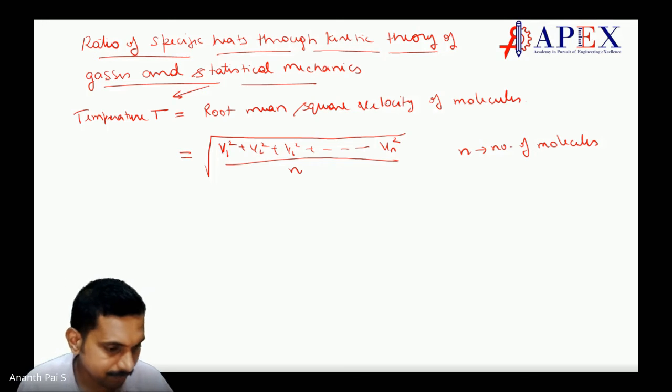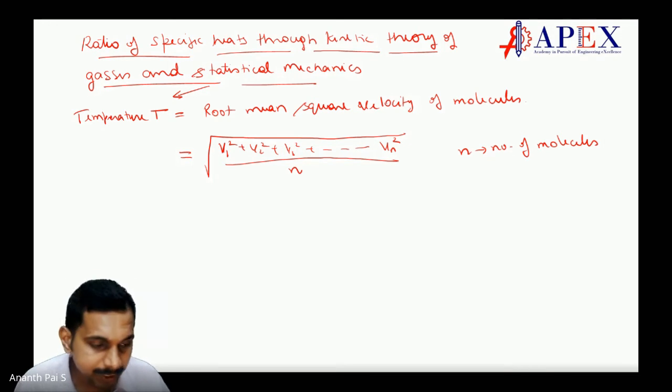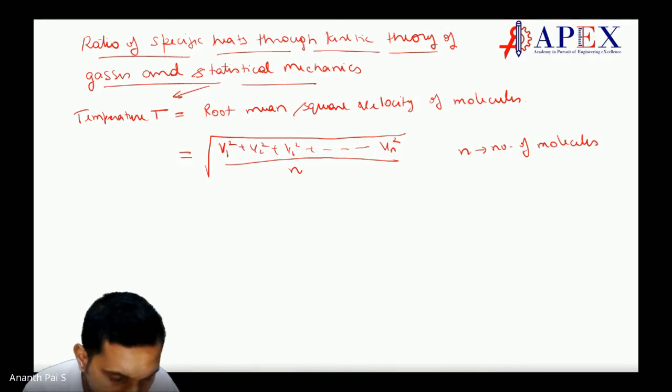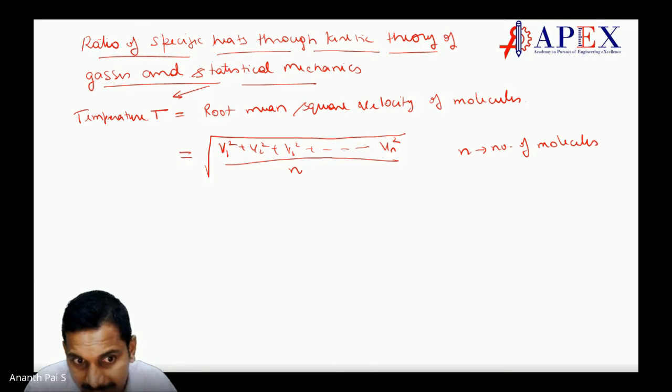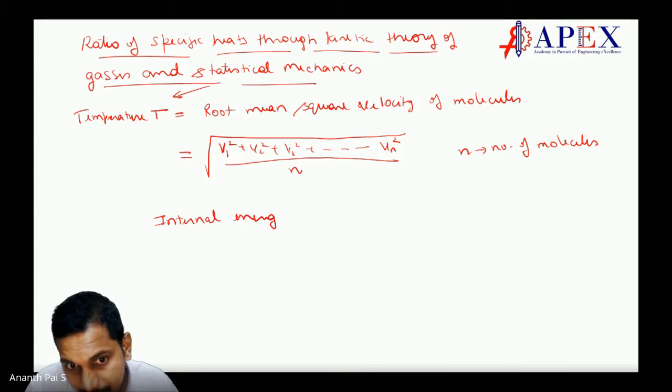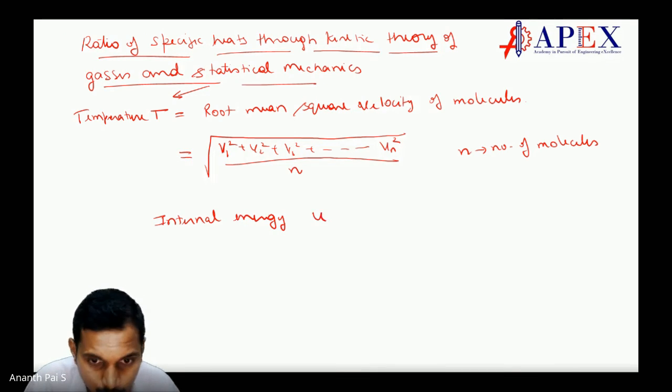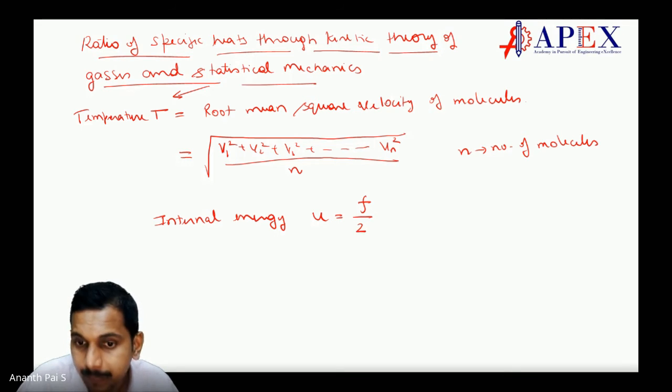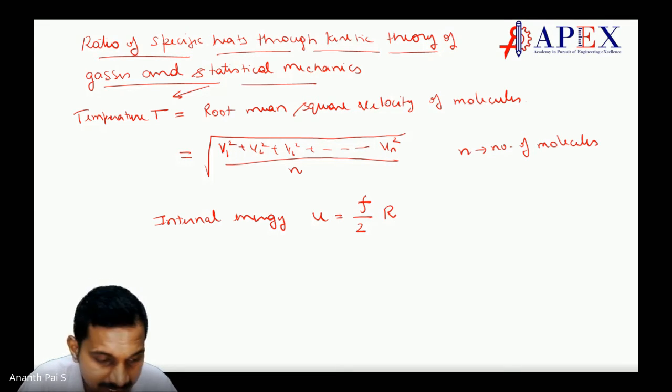First thing. Similarly, if you consider the internal energy U, statistically it is given as F by 2 into R, which is the characteristic gas constant, into temperature.